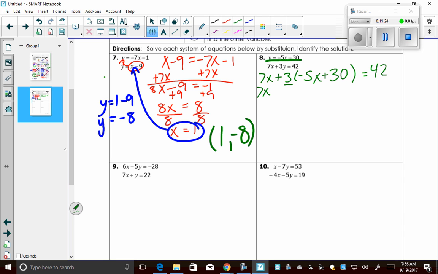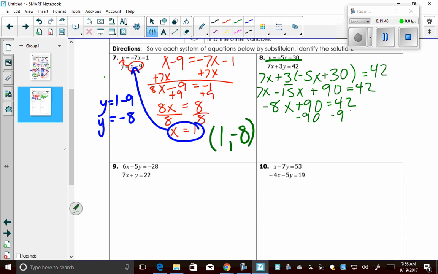So I've got to distribute my 3. So I get 7x equals 42. 8x plus 90 equals 42.